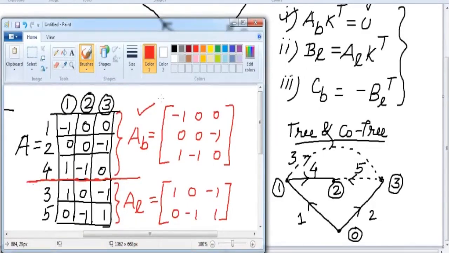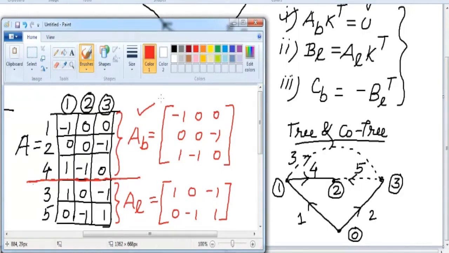Now what is our job? Our job is to obtain the K transpose matrix. In order to find the K matrix, we have to draw the branch path incidence matrix. You all know how it is made, right?